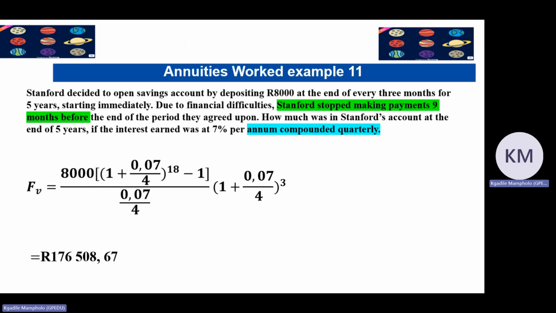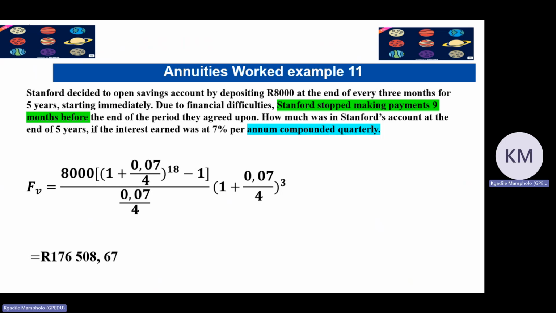First you have to check the compounding period. It's compounded quarterly, and this is done in 5 years, so you say 5 times 4, which is 20.